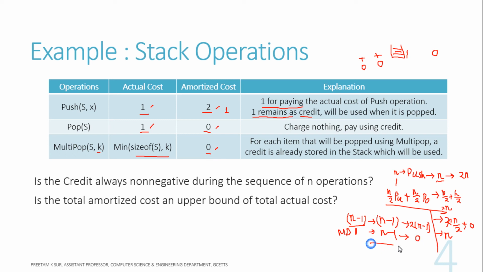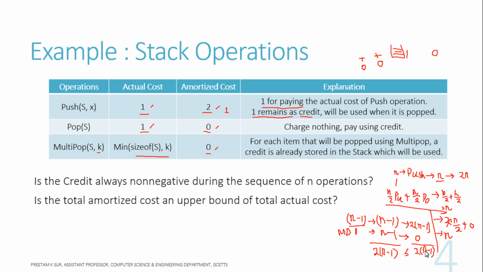Now the total actual cost, if you sum this, is twice into n minus 1. If you look at the total amortized cost, you will also find that it is twice into n minus 1. So the total actual cost is less than or equal to the amortized cost.